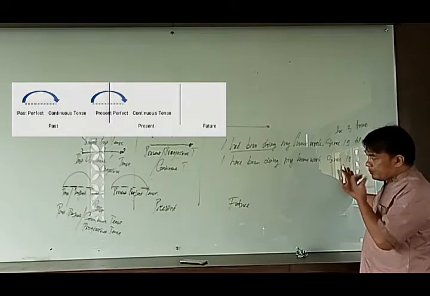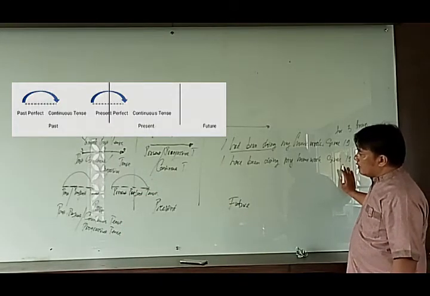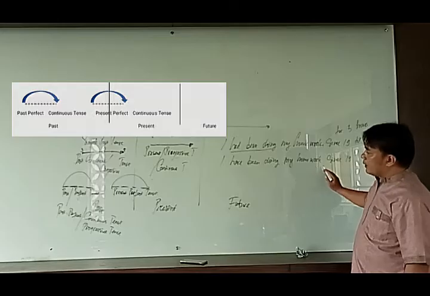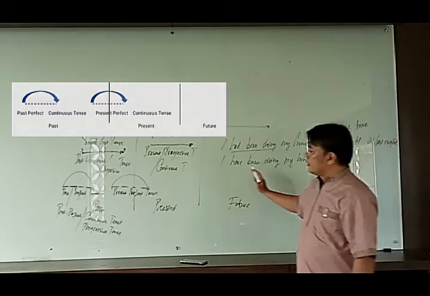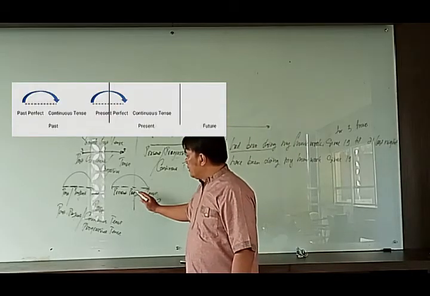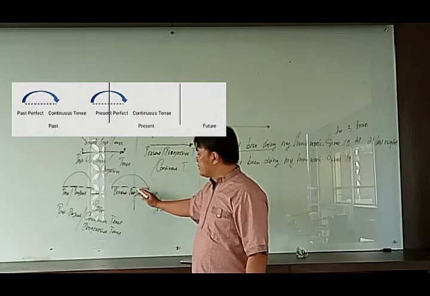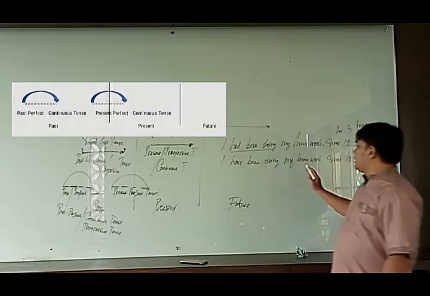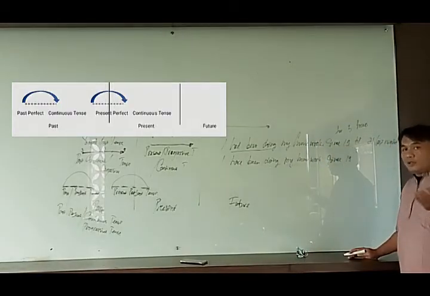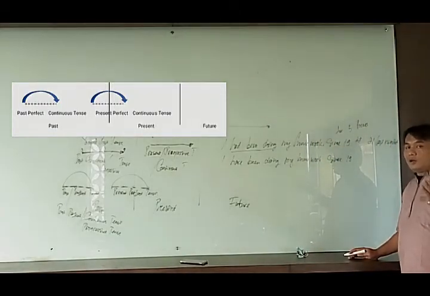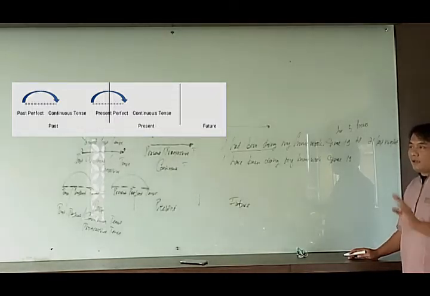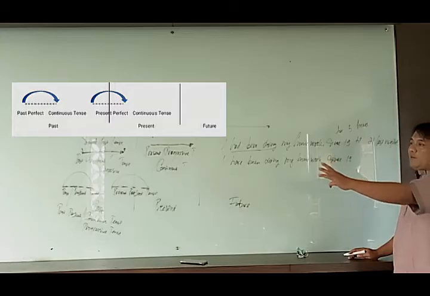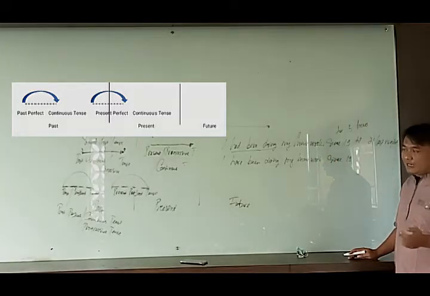Oke, kalau ini, at the time of speaking, the activity or the event is happening, since a time in the past and then till you are speaking right now. Jadi waktunya mulai dari lampau, sekarang masih terjadi dan ini masih dilakukan.